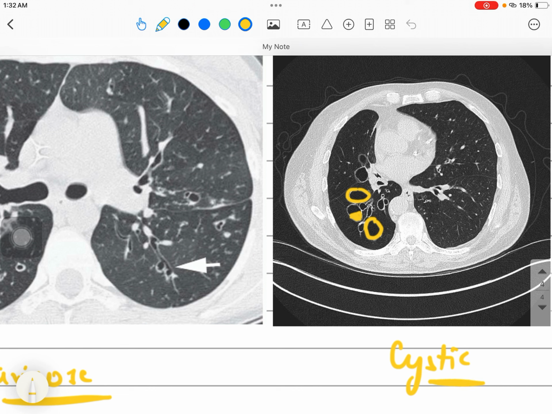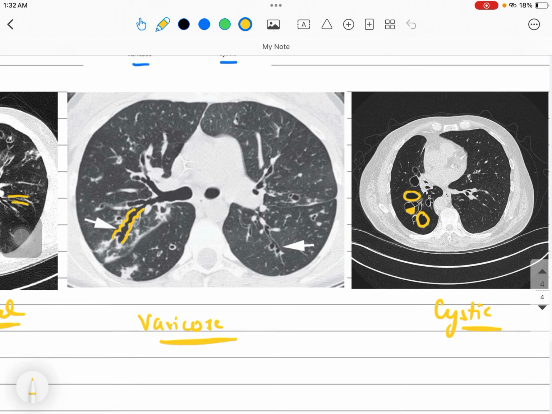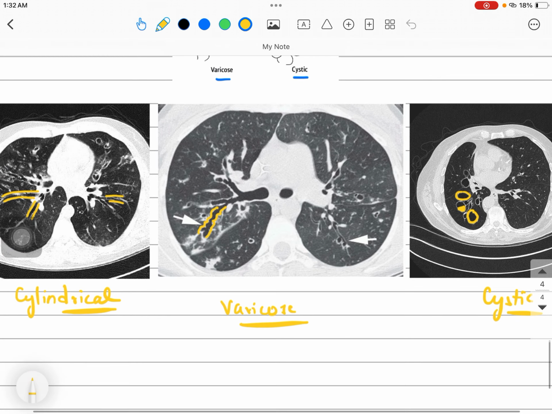Among bronchiectasis patients, cylindrical bronchiectasis is 45% of the patients, varicose approximately 10%, and 45% cystic. But it differs according to geographical areas; it varies from country to country as well.